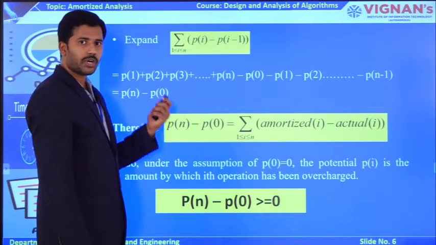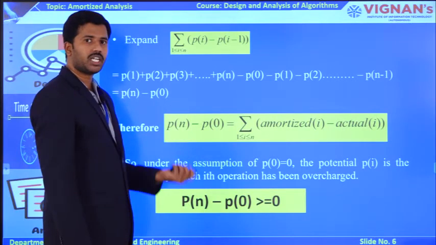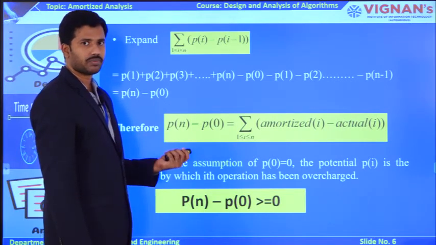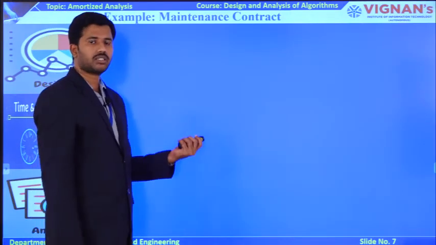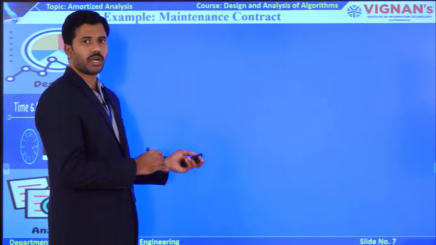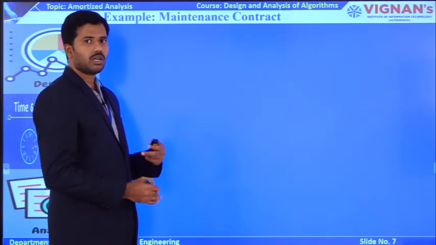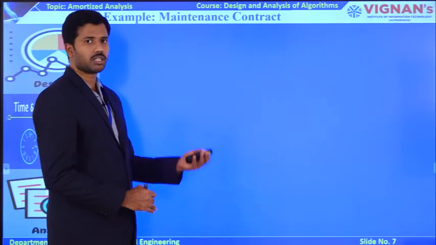That means the potential function for every operation must be positive. Negative values are not at all acceptable. So this is my mathematical analysis. We will see one example now, how to apply the methods associated with amortized analysis, based on the previous discussion on mathematical equations.